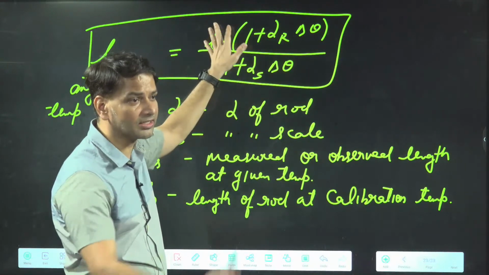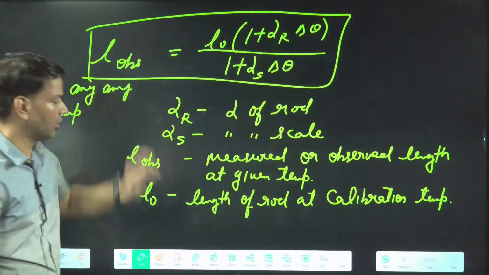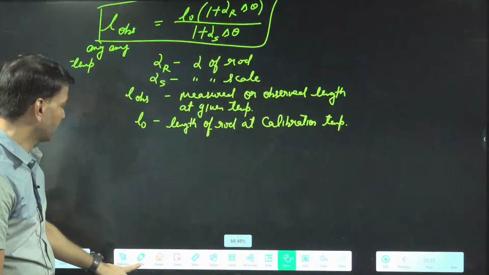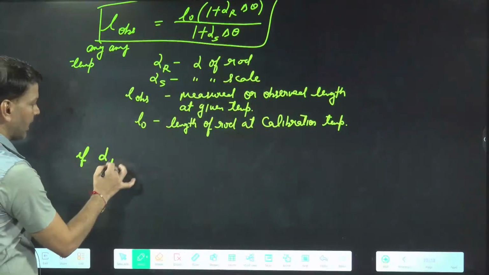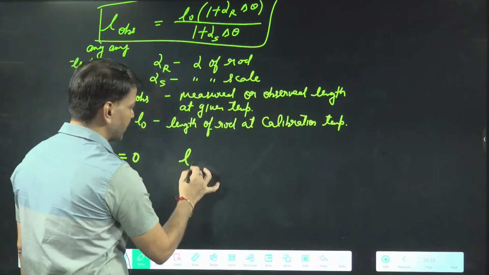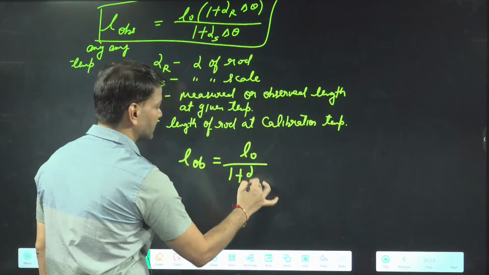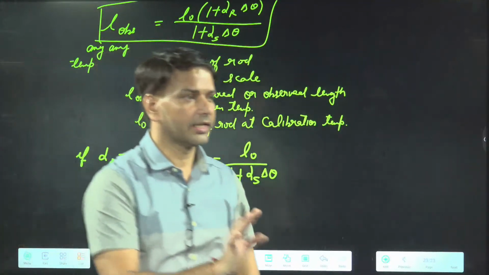L naught is the actual length. In that case, L observed is equal to L naught upon 1 plus alpha scale delta theta. Getting or not?